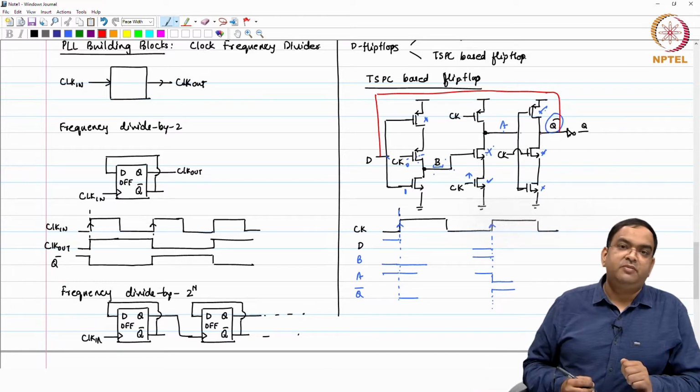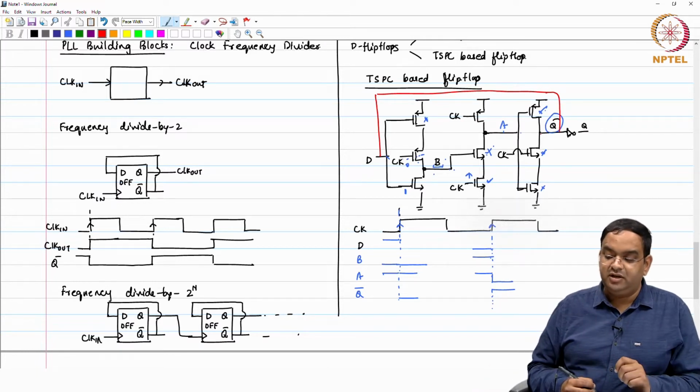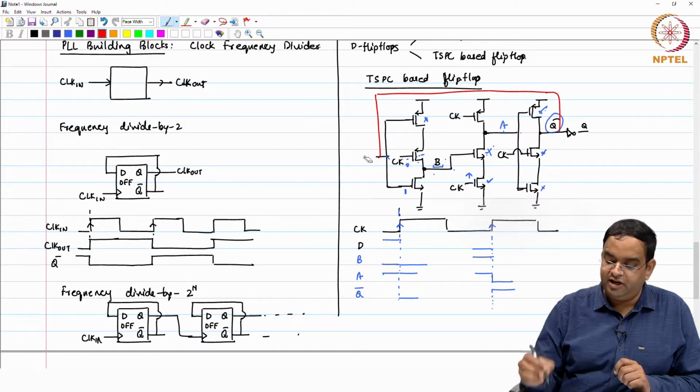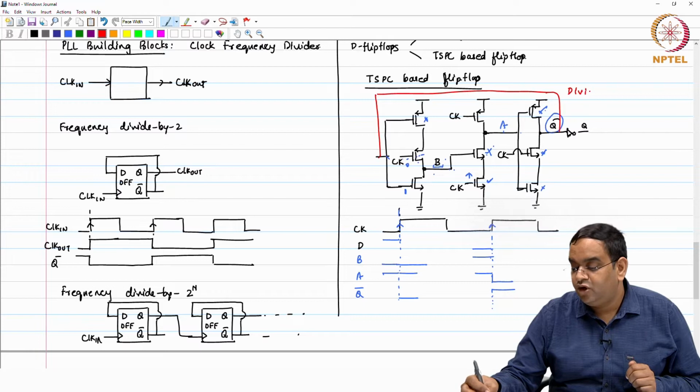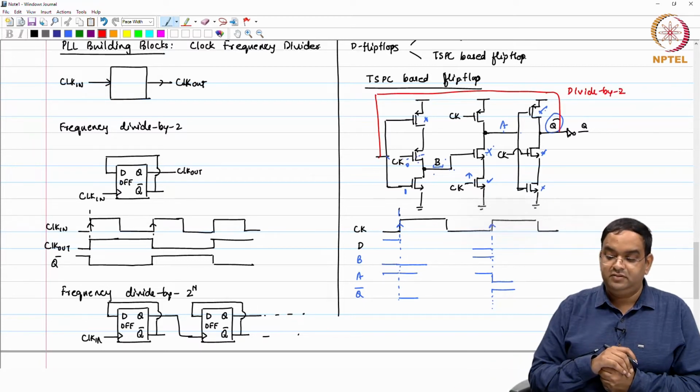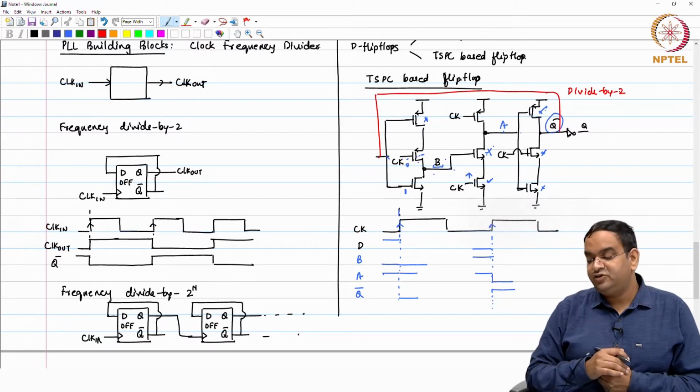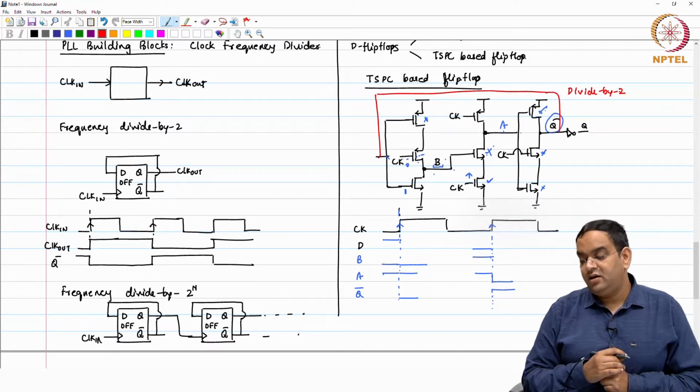This becomes a divide by 2 circuit with this feedback. You do not have any D here. Okay. If you want to cascade this, you can very well cascade this, right. This kind of frequency divider is used at the highest frequency, because you see that you are using a minimum number of transistors to divide the clock by 2.